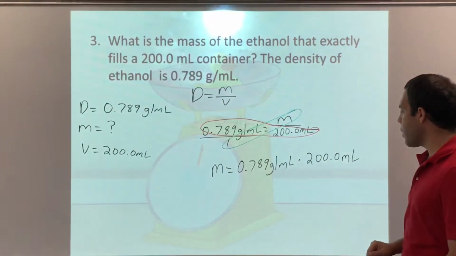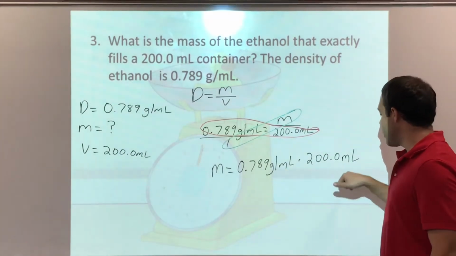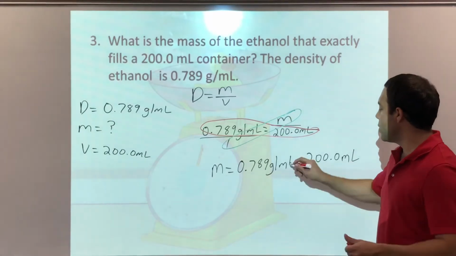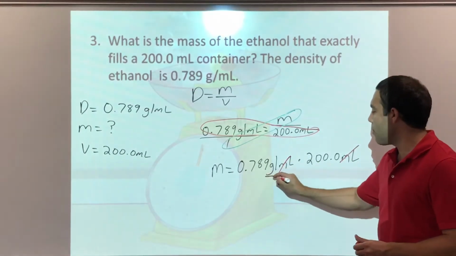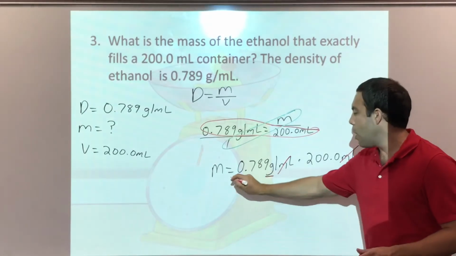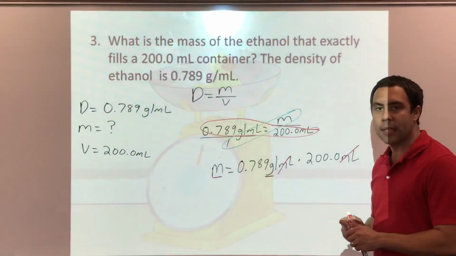Before we go any further, grams per milliliter times milliliters. Milliliters is on the bottom here, it's on the top here, so they cancel out, and we're left with the unit of grams, which is exactly what we want when we're calculating mass.